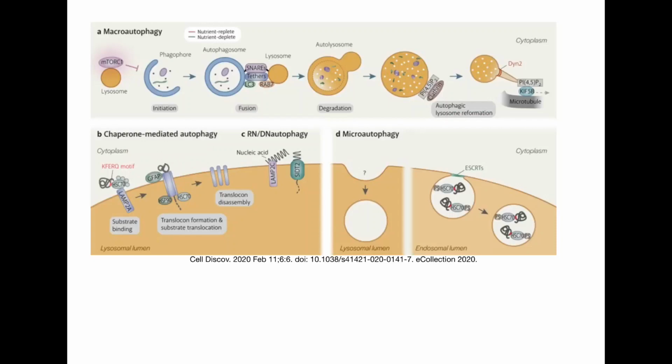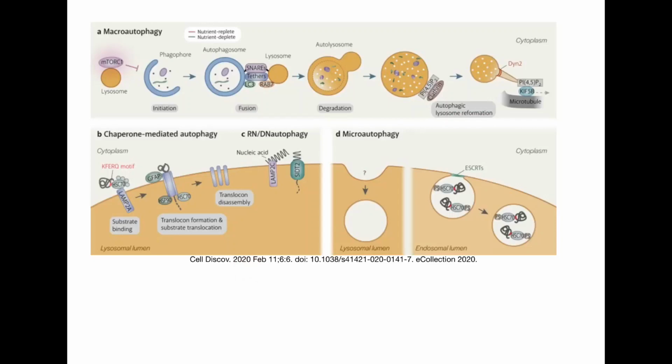Okay, so moving on then to the last type of autophagy I want to talk about, the so-called microautophagy, is a reaction between vesicles and the lysosome. It's very poorly understood, but first of all, I see that question mark, and this is 2020, so this is not something that is known even today.